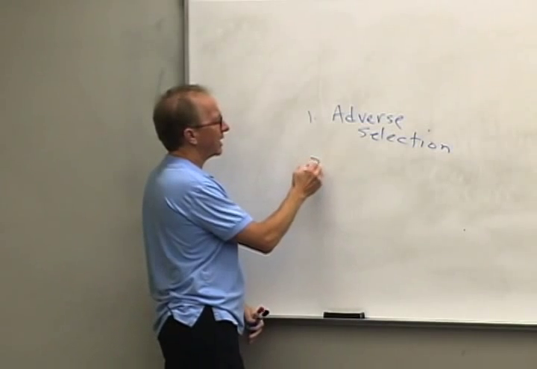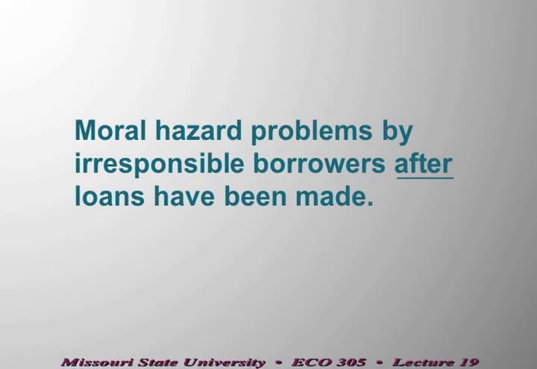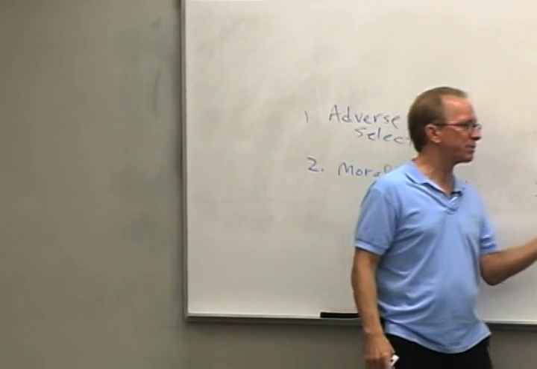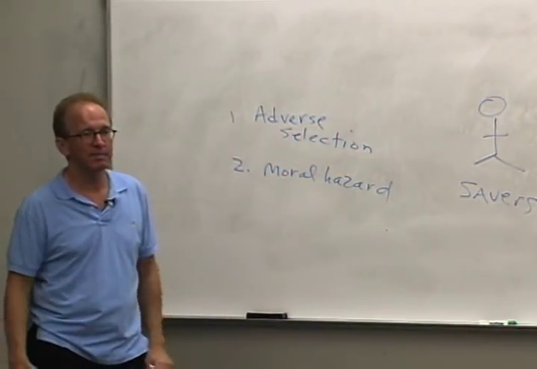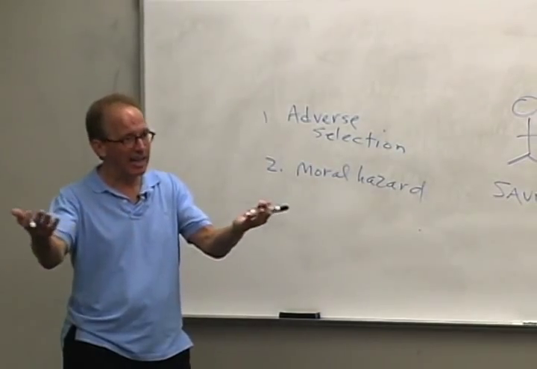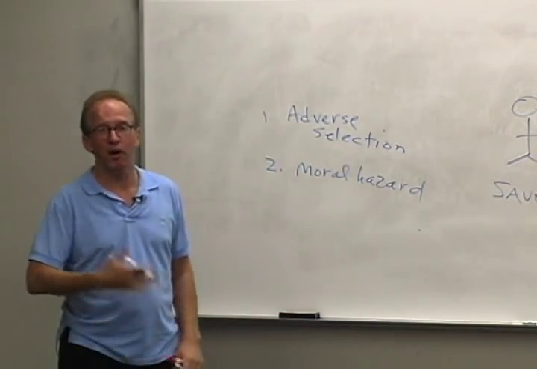Okay? And then after a loan is made, we have a problem called moral hazard. And moral hazard results in high losses on loans. Moral hazard refers to the fact that after a loan has been made, the borrowers start behaving irresponsibly. Hey, I'm playing with your money, and so any negative consequences of whatever I do fall on you.